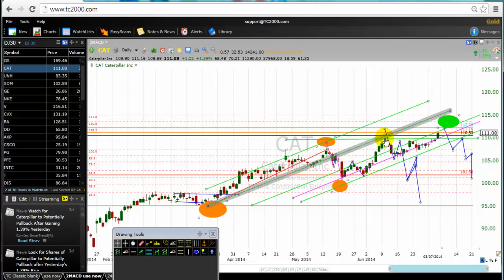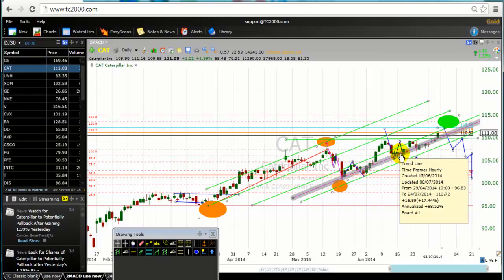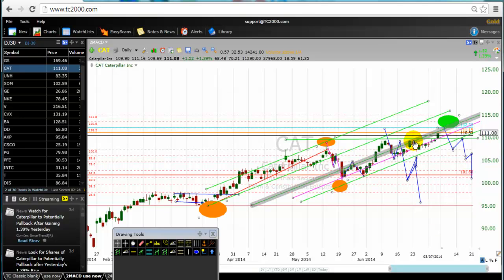You retested the edge of the first channel, pulled back near the median line of the third channel, rallied up again on the edge of the third channel, somewhere here, which is also this previous high. See how the market is moving from A to B, respecting the channel, the trend lines, and the resistance level.